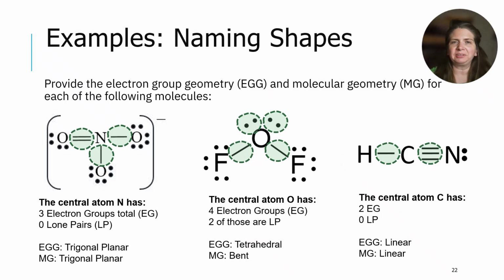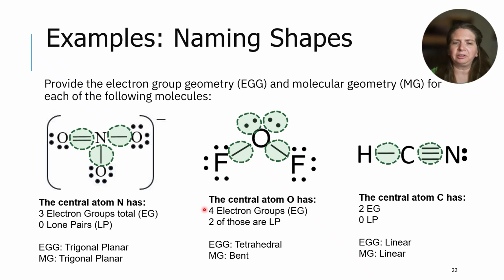Let's use that table to identify the electron group geometry and molecular geometry for the molecules we analyzed earlier. For the nitrate ion, there are 3 electron groups around the nitrogen. None of those electron groups are lone pairs. Therefore, the electron group geometry is trigonal planar, and the molecular geometry is also trigonal planar. For oxygen difluoride, there are 4 electron groups around the oxygen atom. 2 of those electron groups are lone pairs.